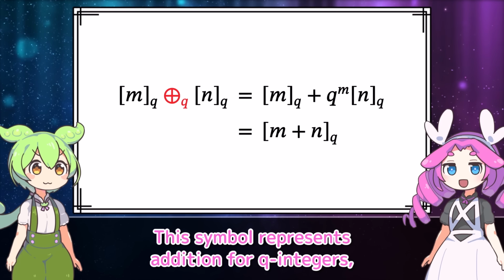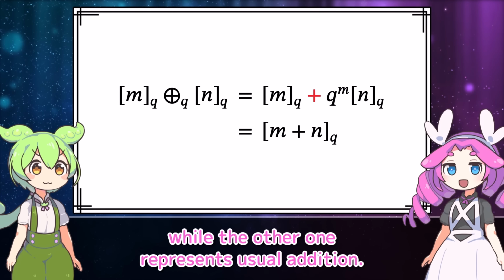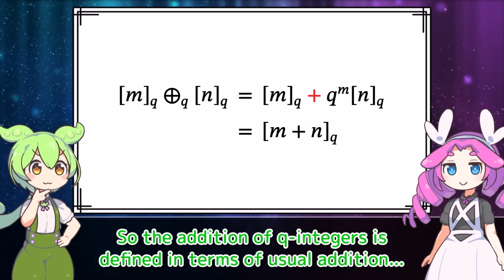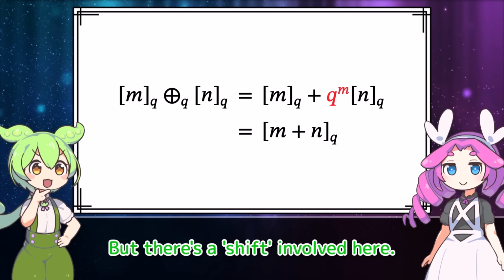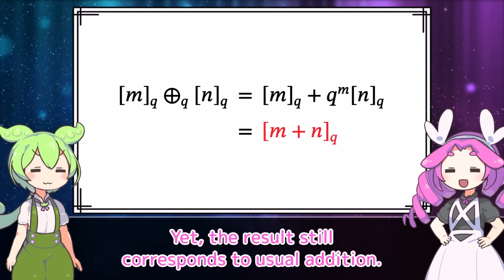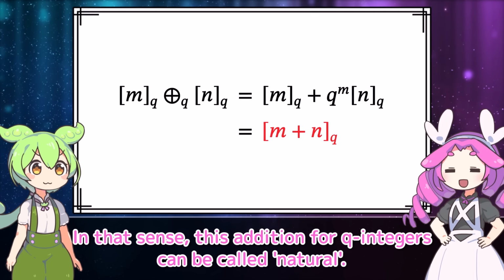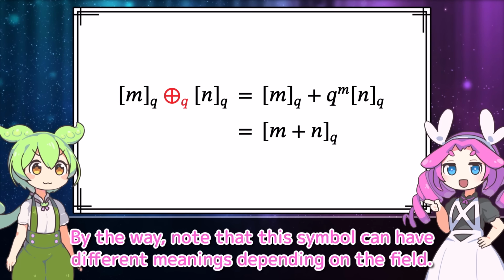This symbol represents addition for q integers, while the other one represents usual addition. So the addition of q integers is defined in terms of usual addition, but there's a shift involved here. Yet, the result still corresponds to usual addition. In that sense, this addition for q integers can be called natural. By the way, note that this symbol can have different meanings depending on the field.